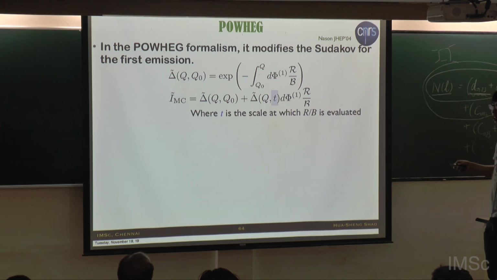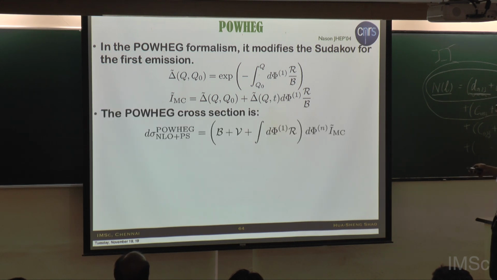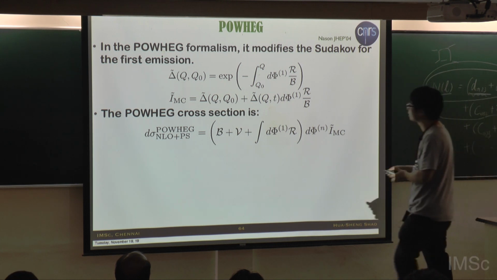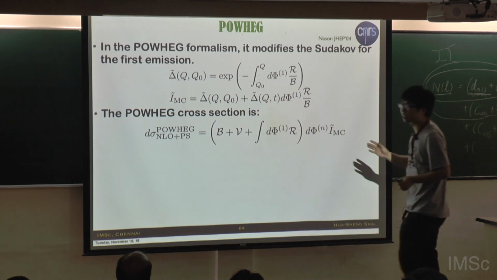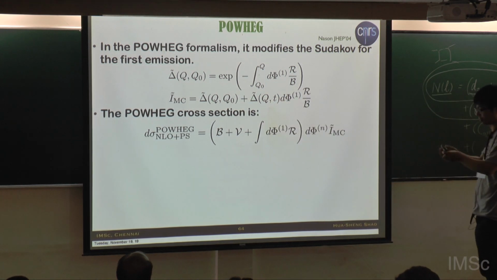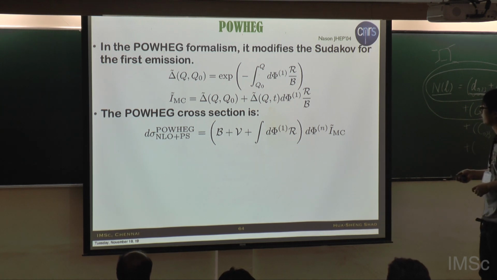Remember that here it is not Q0, it is T, okay? T is where R and B are calculated, the scale. The reason is, right now, if you integrate dt here, you will get unitarity, you get 1, okay? If you use Q0, then you wouldn't get 1, okay?